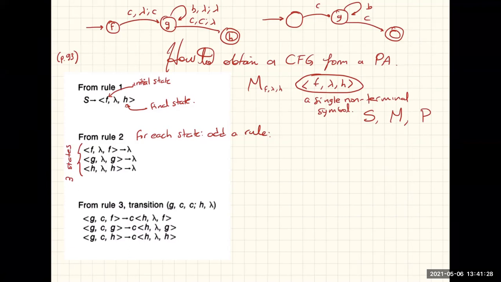Then for every transition, such as G, C, C, H, lambda, we need to see what transition this is. This is referring to the transition G, C, C, H. First, we need to understand how this transition is being written. This is the state of origin.